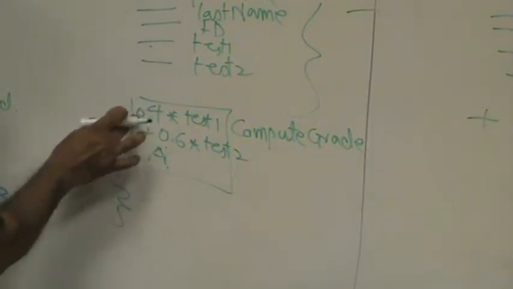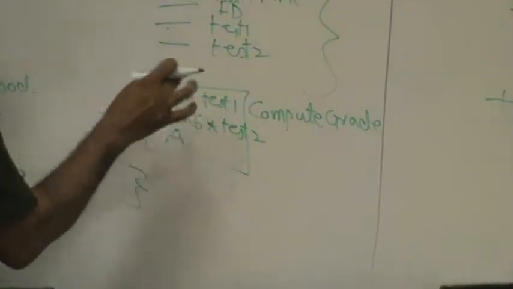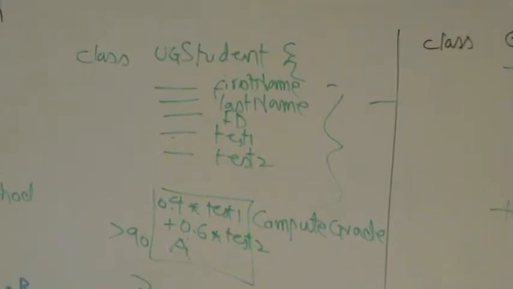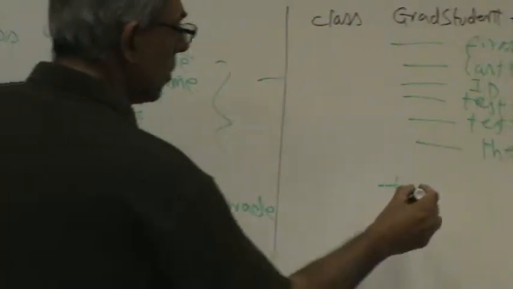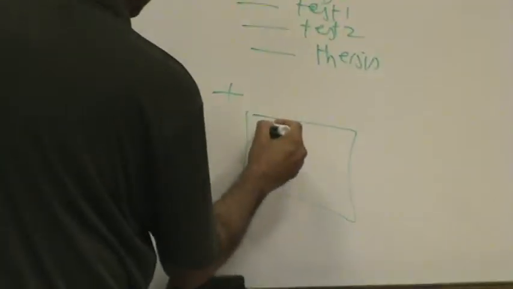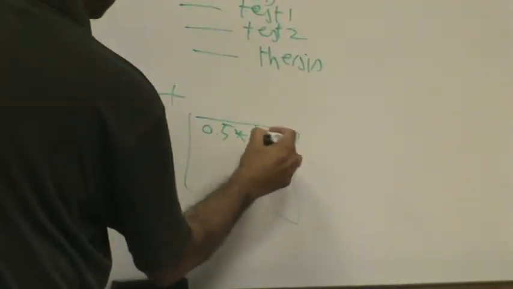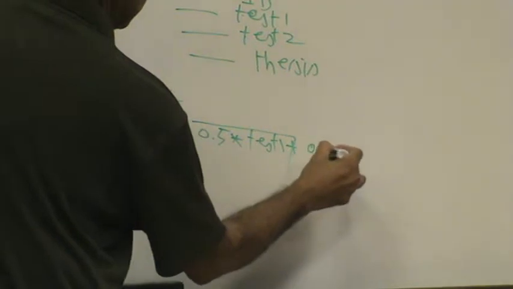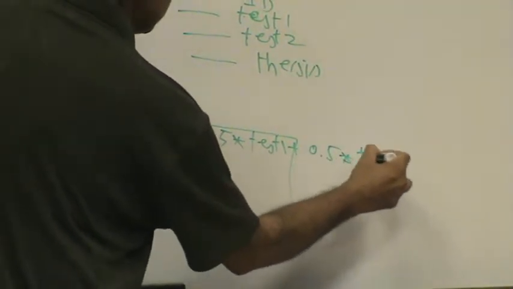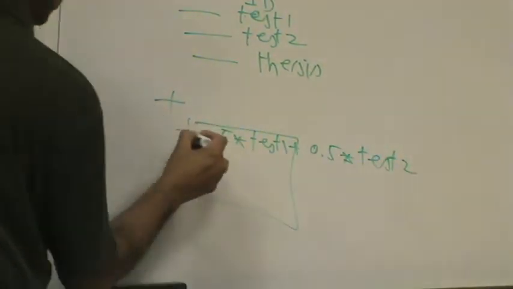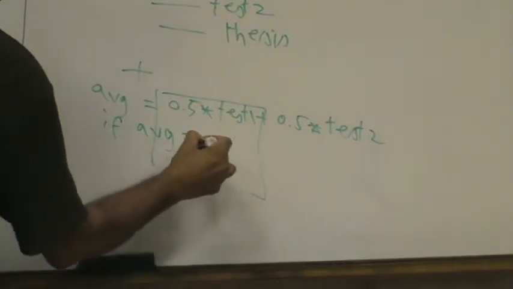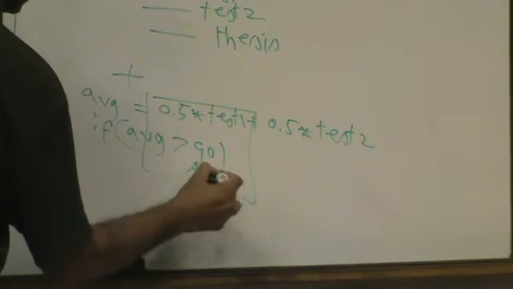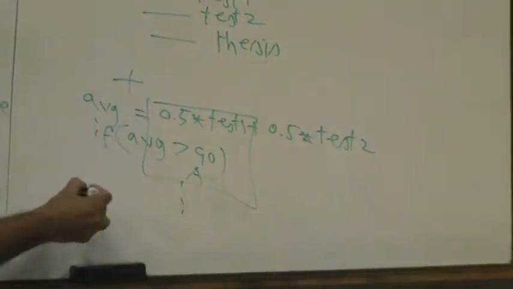And let's pretend we did not want 40% of the weight to be given to test 1. We wanted equal weight for the grad students' grading, okay? So we will start writing the code with 0.5 times test 1 plus 0.5 times test 2. And this will be our weighted average, and then if AVG is greater than 90, we'll assign the grade A and so on, right?